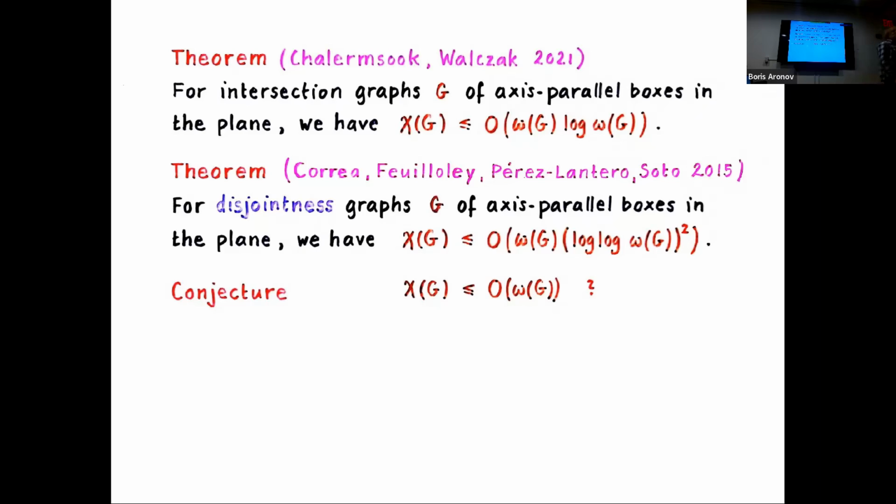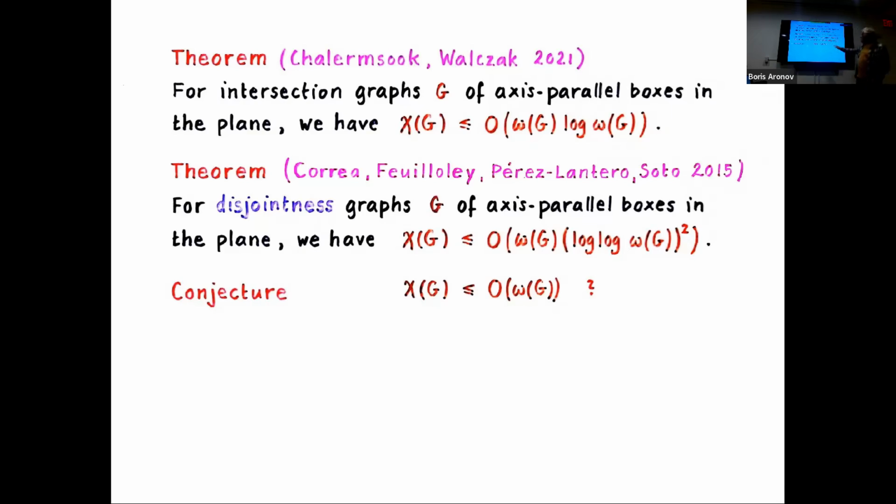Interestingly, in both cases, the conjecture is, well, I am not sure if it is a conjecture. Most people believe that. That's what I can say, but I'm not sure that it was explicitly stated as a conjecture, that in fact this logarithmic overhead is not needed.